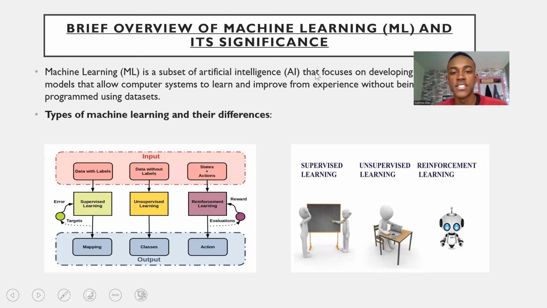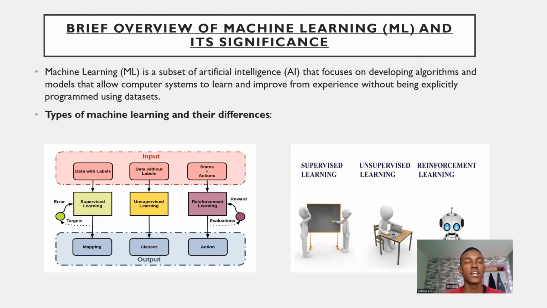A brief overview about machine learning. Machine learning is an artificial intelligence that focuses on developing models and allows computers to learn and improve with experience without being explicitly programmed. What I mean by this is, you write an algorithm, you feed it to a machine, and it will be able to perform different tasks.